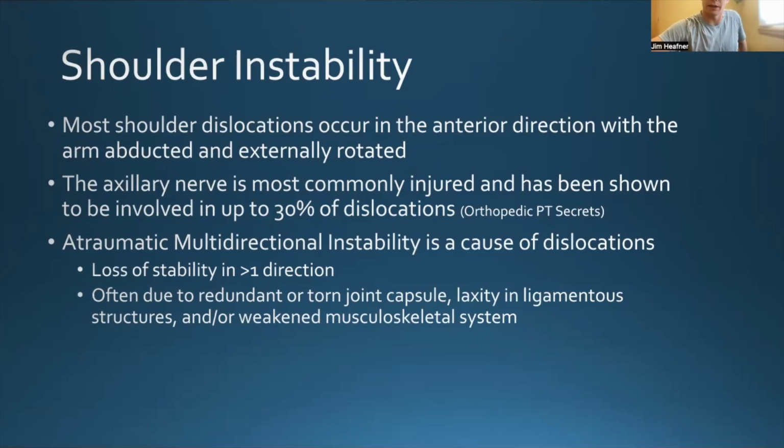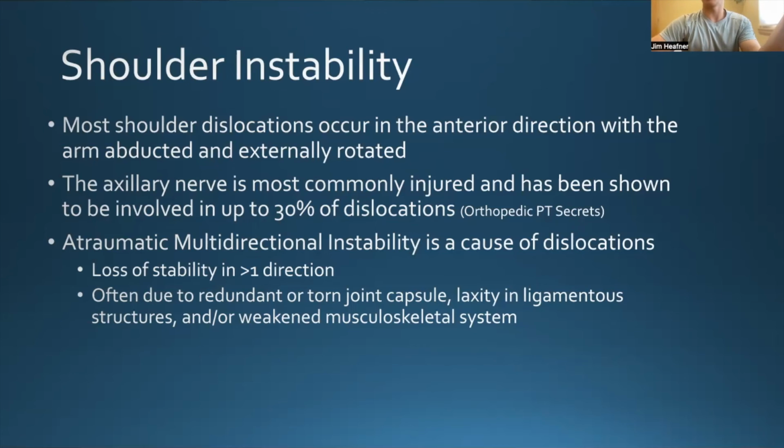With shoulder instability, there's risk of a peripheral nerve injury, and the axillary nerve is the most commonly injured nerve following a shoulder dislocation, which can happen in up to 30% of dislocations.